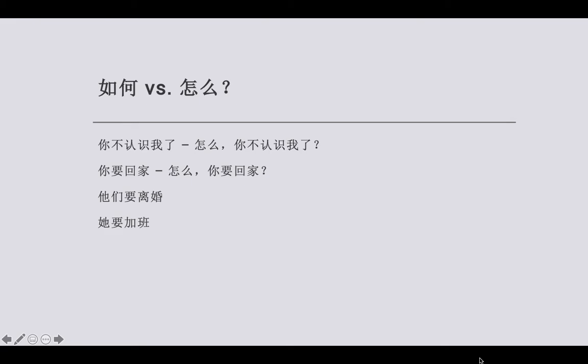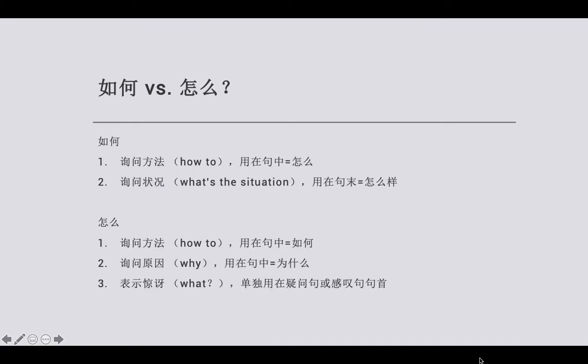What? They will divorce? 怎么？他们要离婚？他要加班。She will do overwork. 怎么？她要加班？这个就是怎么的第三个用法。This is the third usage of 怎么.